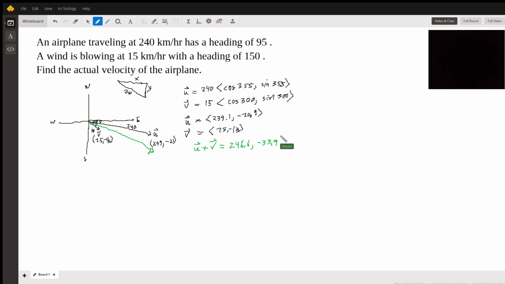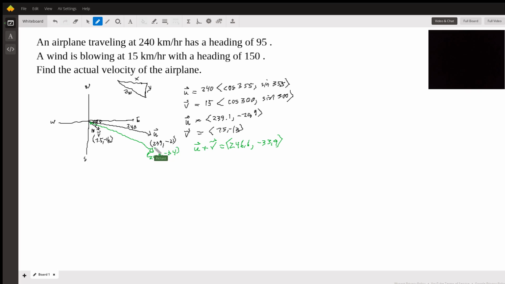This is all just from the calculator, just adding these two things together. So that's 239 plus 7.5, and then negative 20.9 and negative 13. So if we wanted to put in the coordinates, we could. So this would be 246 roughly, negative 34. And you could see it's exactly what we expected.